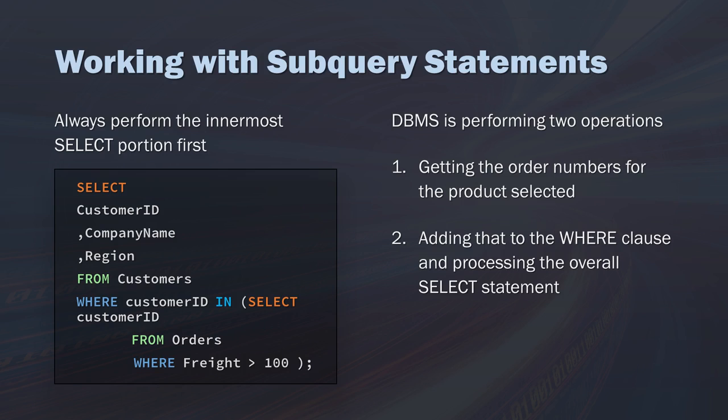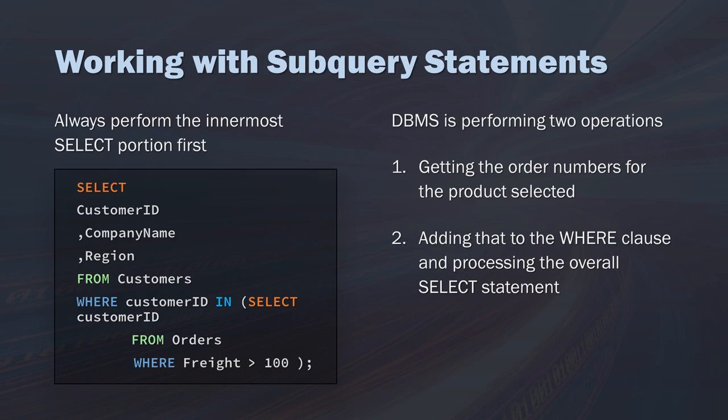Then it's going to bring in the customer ID, company name, and region, but it's going to match the customer IDs up against the list it pulled earlier to see if the customer IDs are actually in there. Then it's only going to return those customer IDs that were actually in that list of the select statement. You can see this helps reduce the number of queries we have to write, and it also helps keep everything concise in one query.